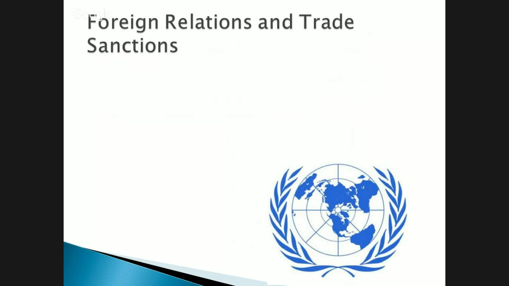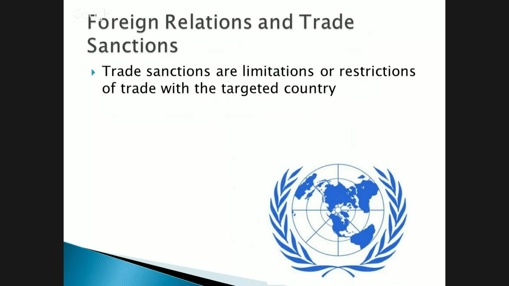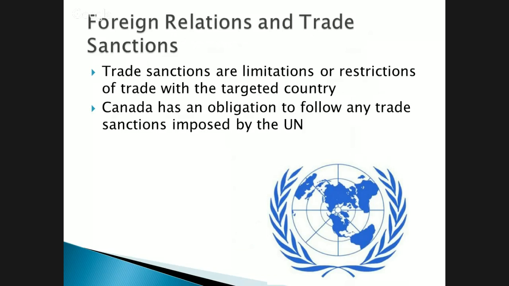Foreign relations and trade sanctions. So trade sanctions are limitations or restrictions of trade with the targeted country. A trade embargo would be an example of a trade sanction. Canada has an obligation to follow any trade sanctions imposed by the UN.